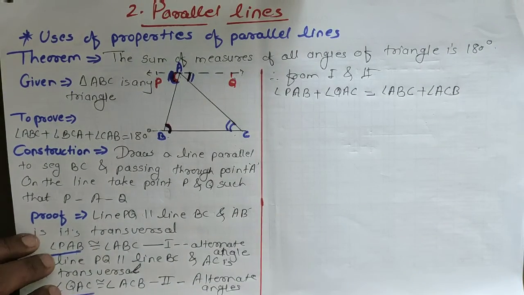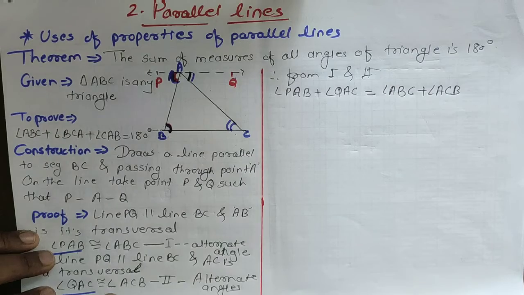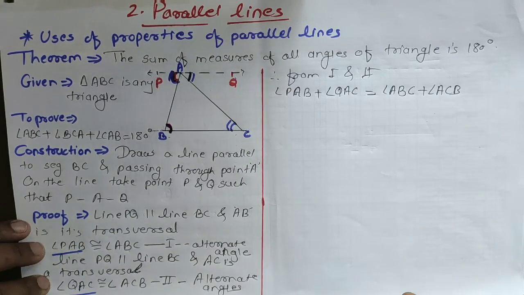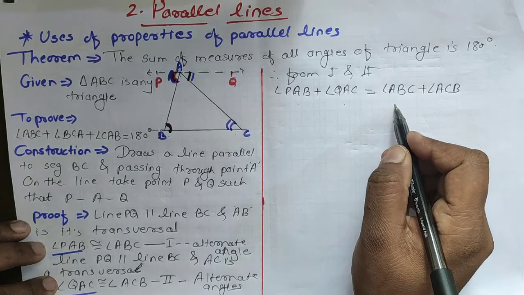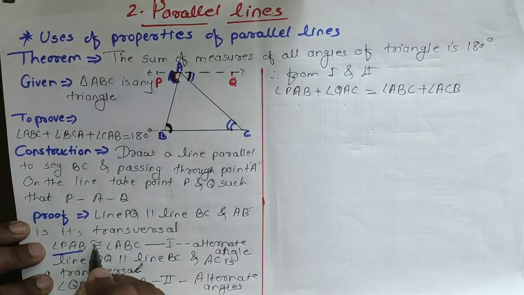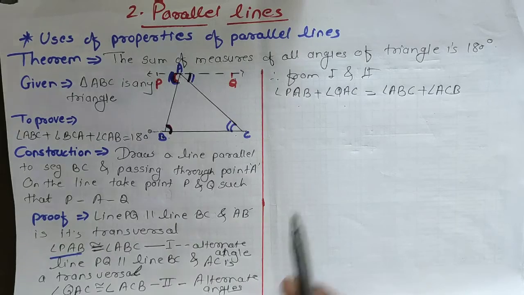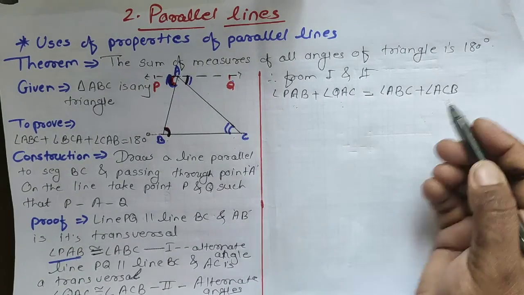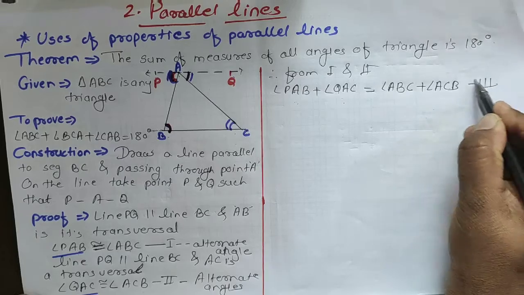Since they are congruent, they have equal measure, and we also have to write that here: congruent or equal measure. So if we add these both, then this is our statement number 3.